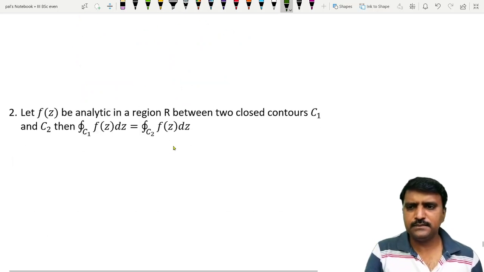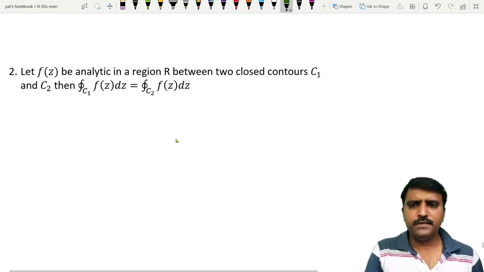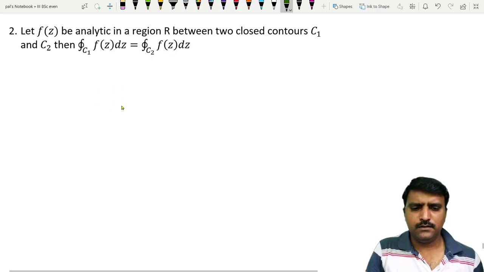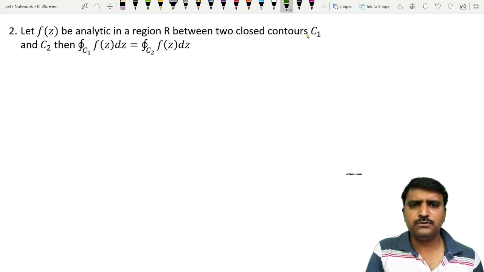And one more consequence is there. Let f of z be analytic in a region between two closed contours C1 and C2. Then integration of f of z dz over C1 is equal to integration of f of z over C2. What it states is that f of z is analytic in region R between two closed contours C1 and C2.